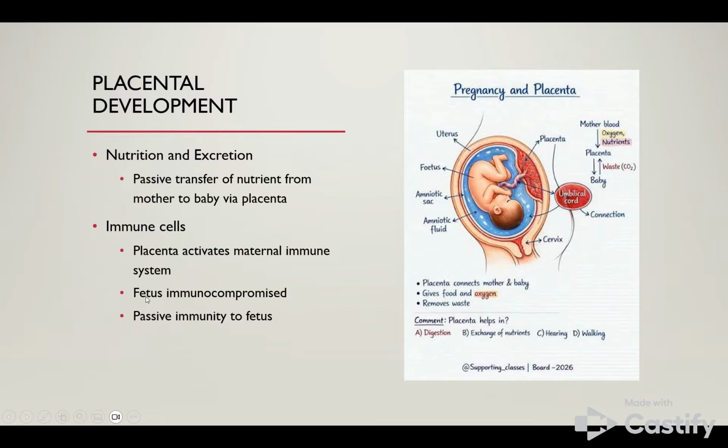Because the fetus is immunocompromised, that's why the placenta helps the mother stay nice and healthy. But if the mother does get sick, passive immunity can pass to the fetus. That's why a lot of times specific immunizations, specific shots are recommended during a pregnancy, because those antibodies can also get passed to the fetus during pregnancies.